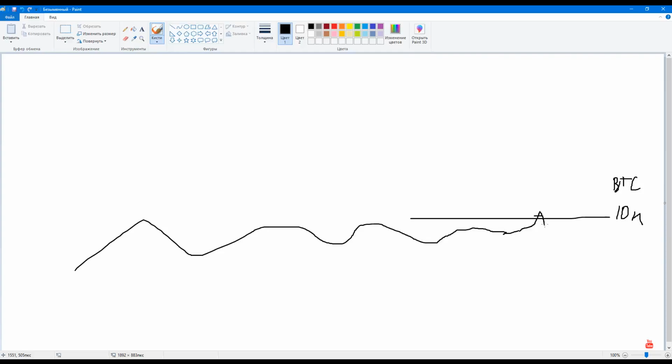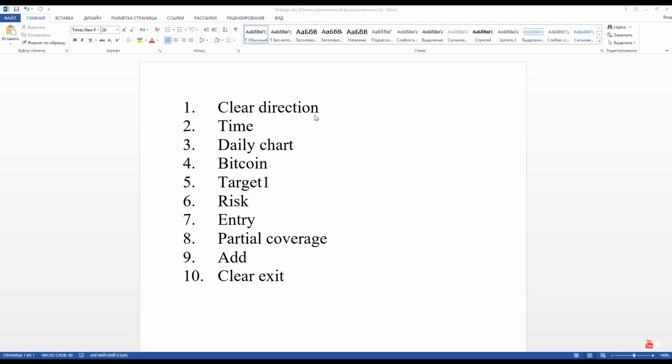I'll buy if, then, so if it breaks out of some resistance, and if after this the price won't come back into this area, and so on. So first of all, a clear direction. No buy and sell. Only buy, or only sell.